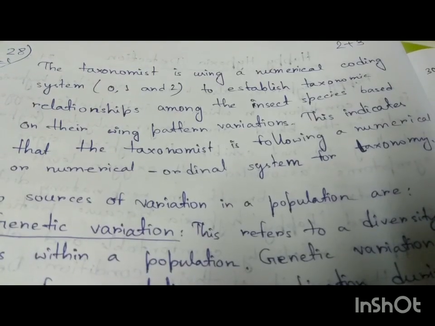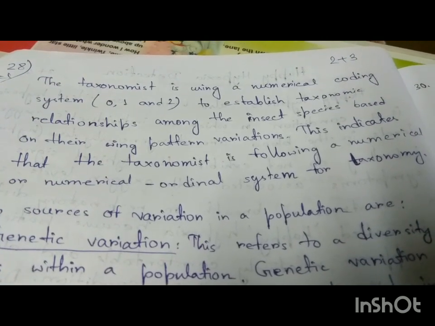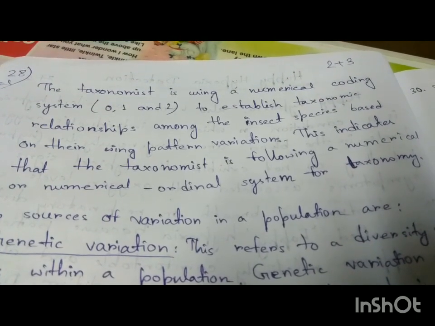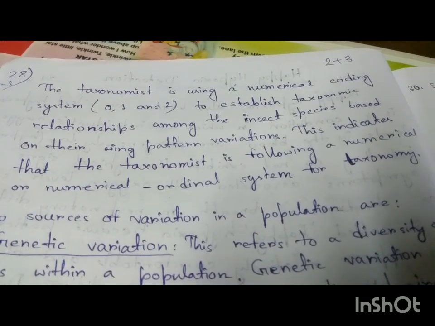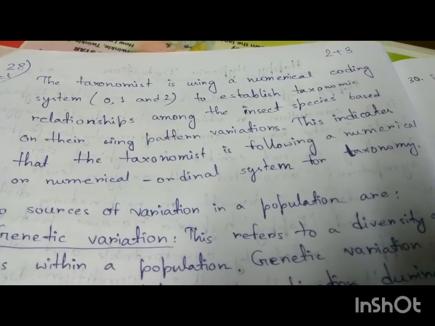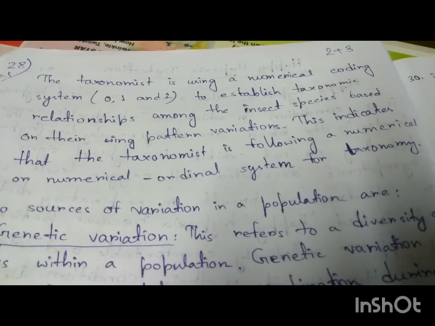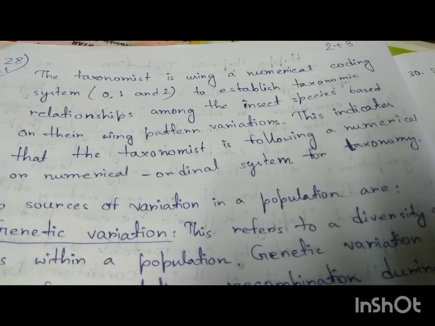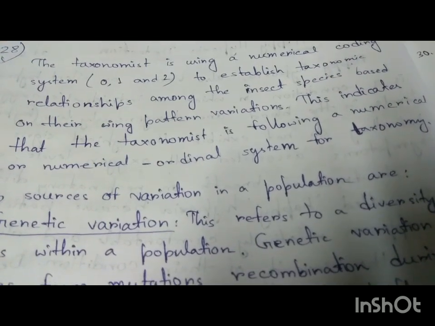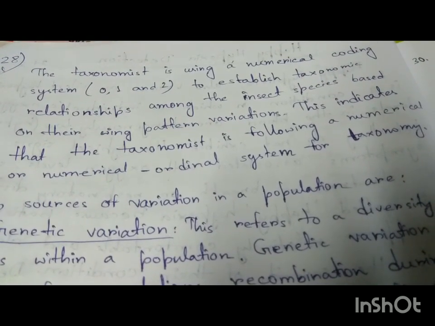Question number 28. The question is: a taxonomist has found 3 related species of an insect with 3 different variations of wing pattern. He has coded the variations as 0, 1 and 2 to establish taxonomic relationship among the insect species.